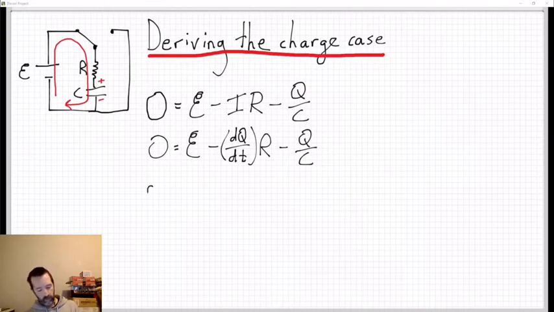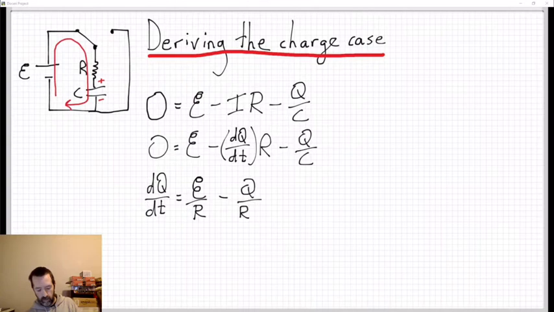So the solution this time is not as easy to see. So I'm just going to isolate the dQ/dt. Looks like this. I think I did that right. Yeah.